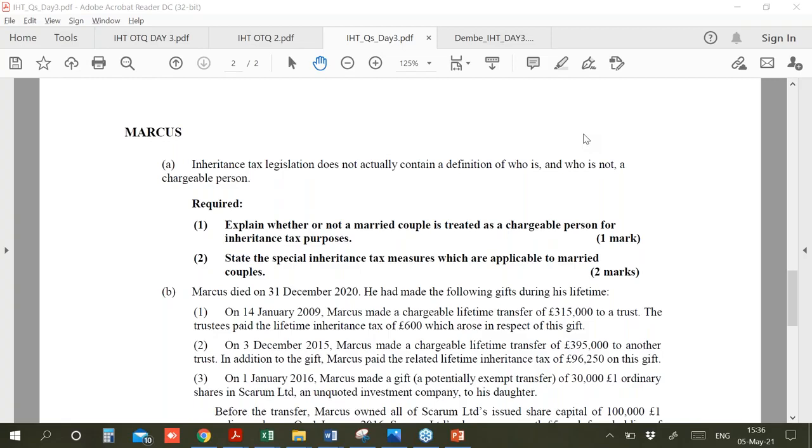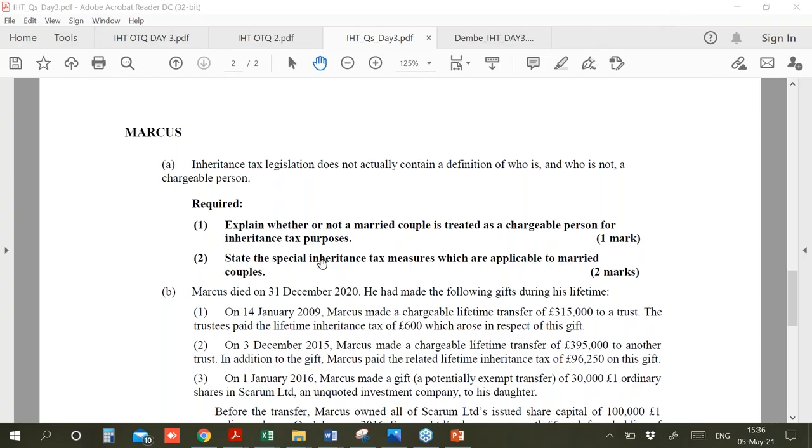Okay, these are the two special advantages: number one, they are treated as exempt for each other, an exempt party. The second is that they can utilize the unused nil rate band of each other and their RNRBs as well, if available.